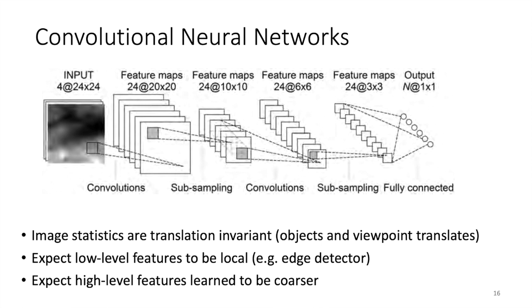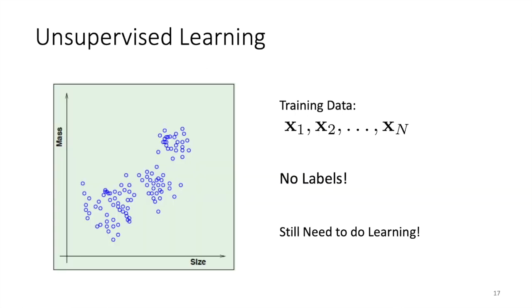Then at the very end, you normally have some fully connected layers to do the final classification using a softmax layer. You're going to learn about all of those after we pass through the neural networks, and this will be maybe in a month or so.